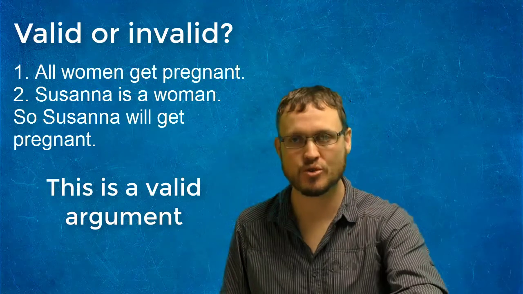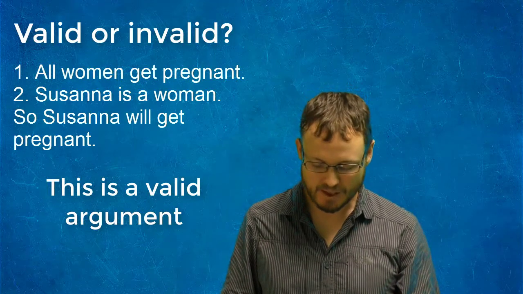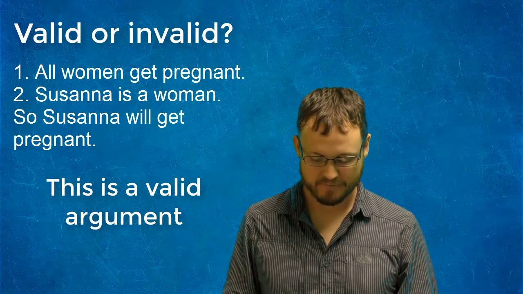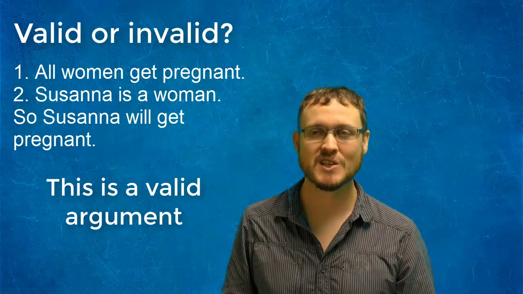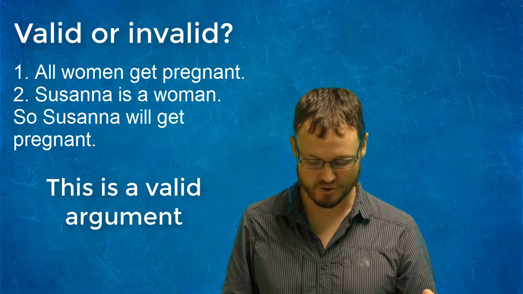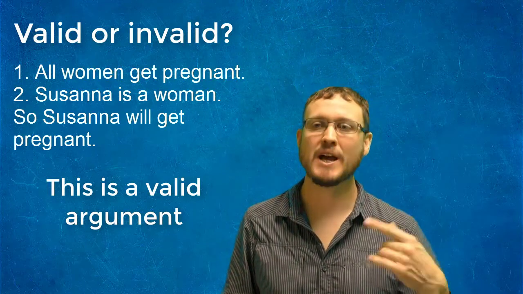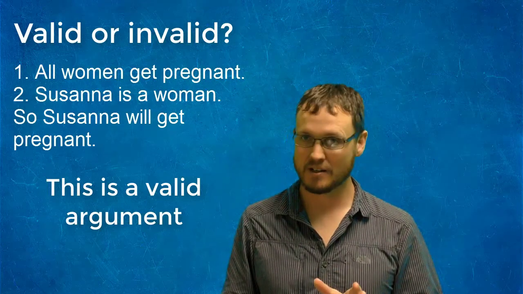If this were true, then that's the way we're thinking right now. If it were true that all women get pregnant, we know it's not, but if it were, we're assuming it's true for the sake of the logic. If it were true that all women get pregnant and Susanna is a woman, then it would have to also be true that Susanna will get pregnant, right?